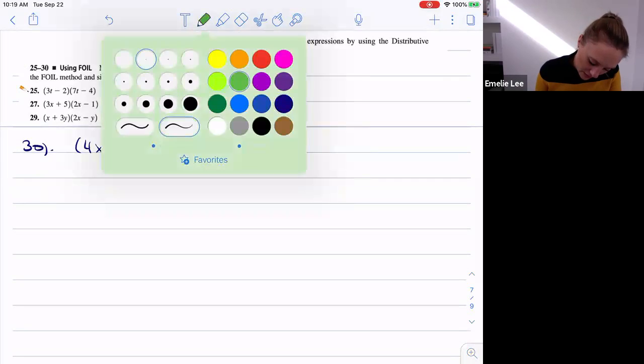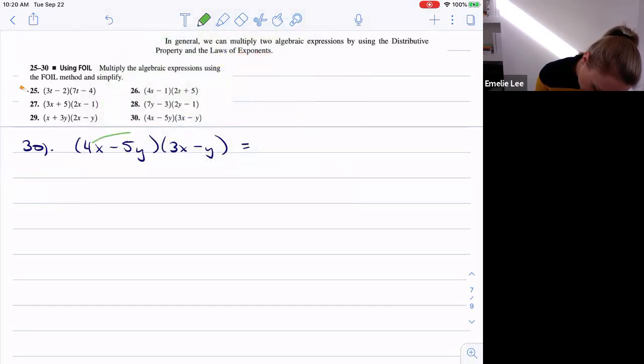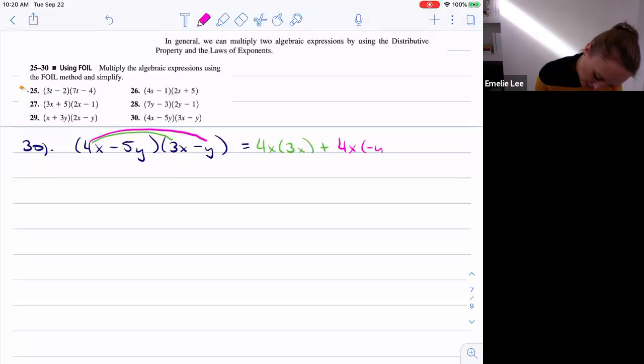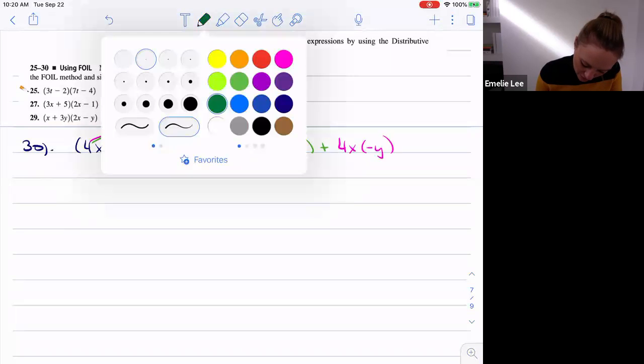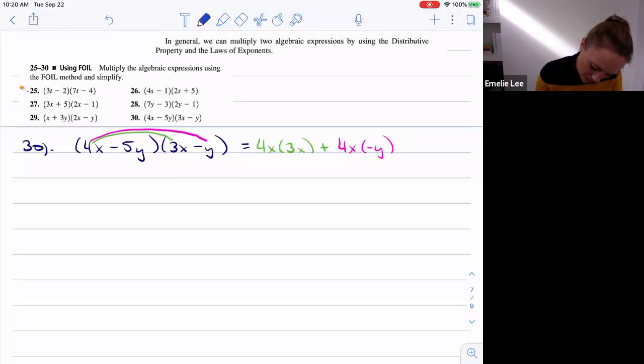So for me, I need to go this times this puts me at 4x times 3x plus, I'll use a different color, 4x times negative y. Then I move on to the next one, plus negative 5y times 3x.